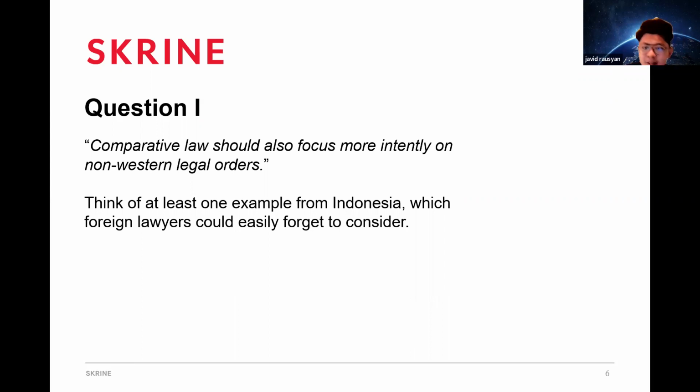Okay. From what I know, for the example of Indonesian law, it is not only foreign lawyers that could easily forget, but many lawyers most of the time forget to consider that in Indonesia there is the autonomy of the local. So we have regional regulations that sometimes foreign lawyers could easily forget to consider.